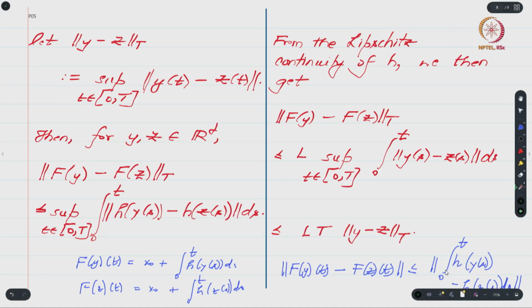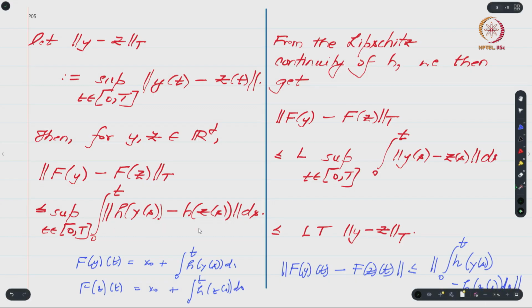Because of this supremum you will end up with this supremum over here, and this is how you get this relation. So in other words, f of y and f of z are two trajectories in C_0^T of R^d, and the distance between them in this sense is upper bounded by this expression.